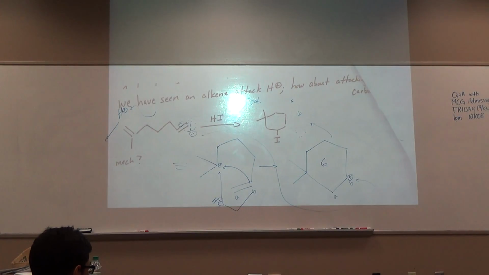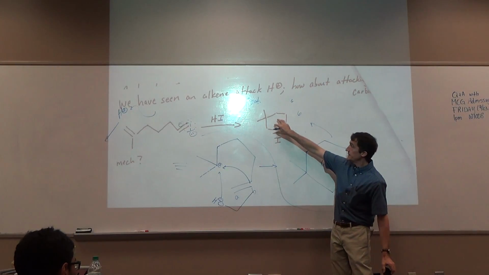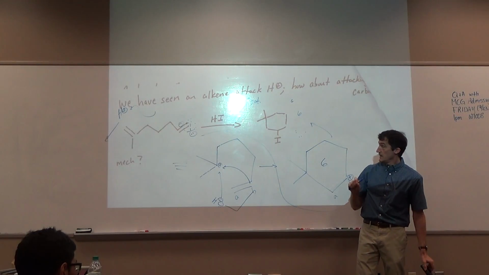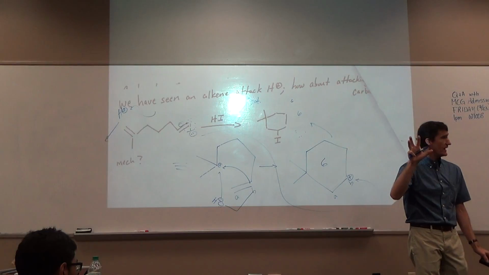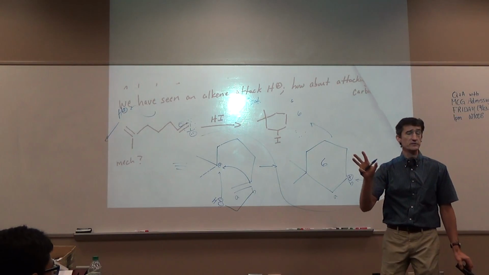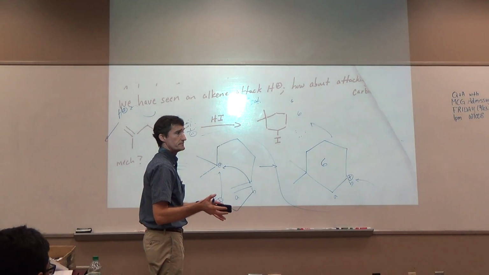So that's important. Whenever you're given a product and asked to show the mechanism, you're asking, show the mechanism for this. Now keep in mind, sometimes a mechanism question may show you a product that is not the major product. Maybe it's formed in 1% yield. But still there's a mechanism for forming that product.